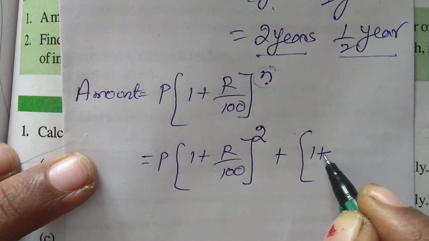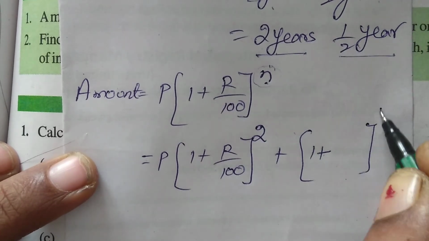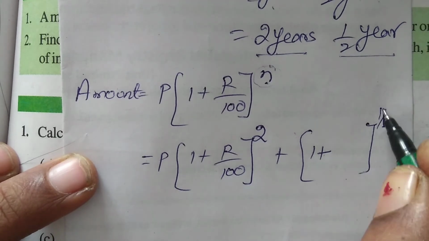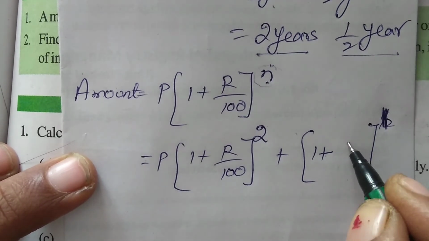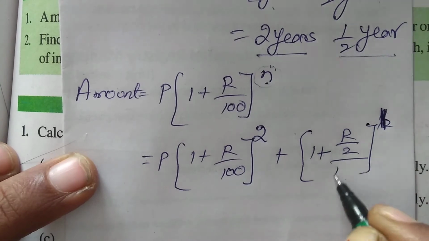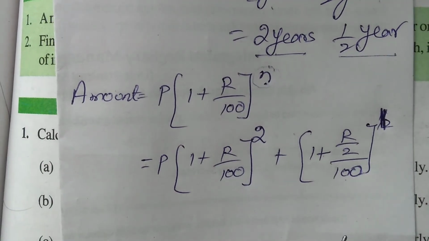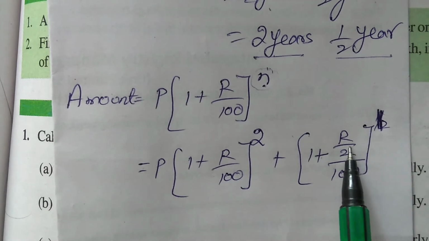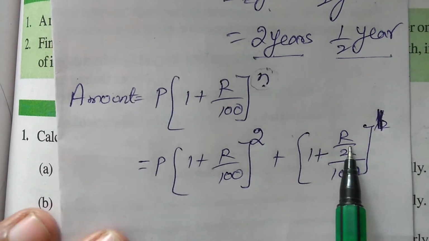Half year means, for half yearly, we do R by 2 by 100. Do you remember when we said for half yearly, we have to cut the rate of interest to half. So here, how many half yearly periods are there? Only one. That is why here we take it as 1.